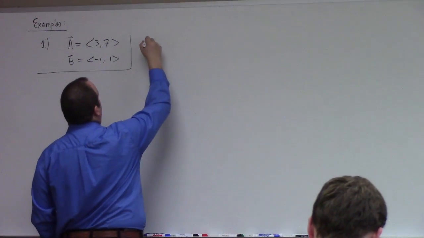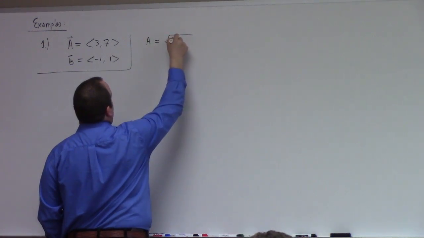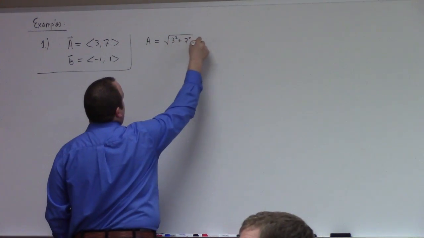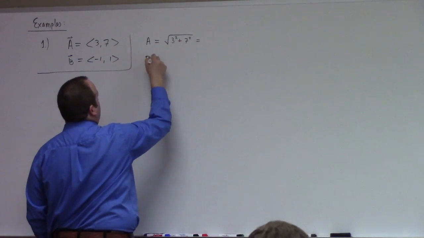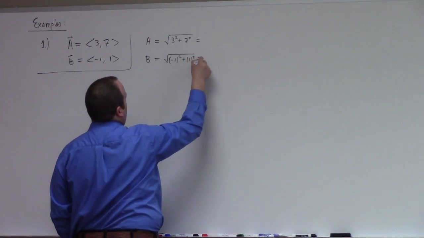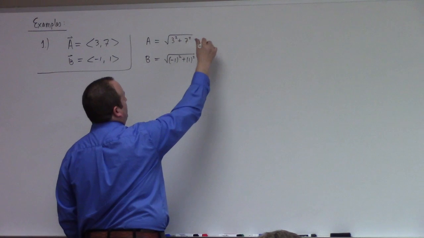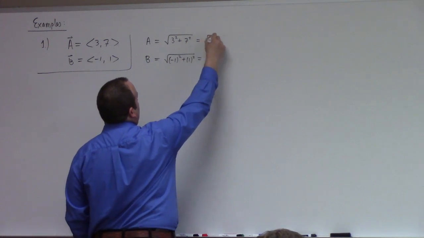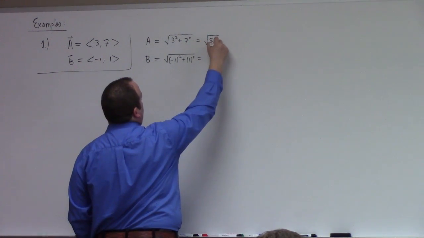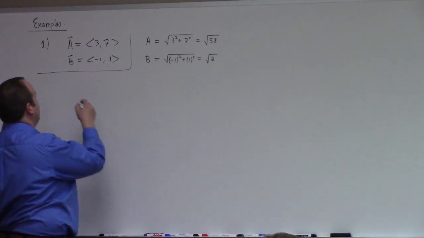So the length of A is the square root of 3 squared plus 7 squared, also known as what? Nine plus 49 is the square root of what? 58? Okay. Now what's A dot B?